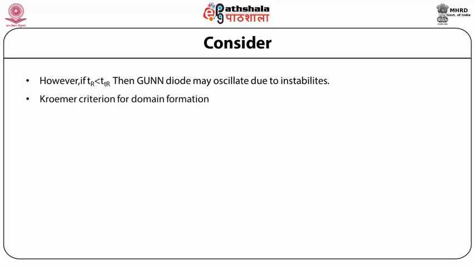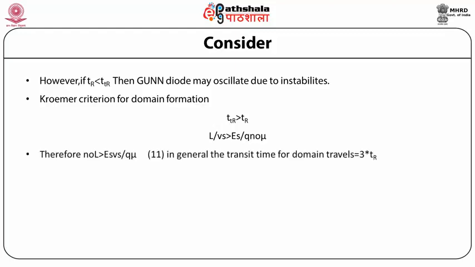So the Kroemer criterion for domain formation is tau Tr greater than tau r, or L by Vs greater than epsilon s by q n naught mu. Therefore, n naught L is greater than epsilon s Vs by q mu. In general, the transit time for the domain travel is equal to 3 times tau r.